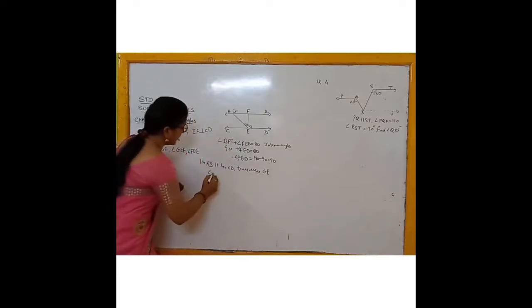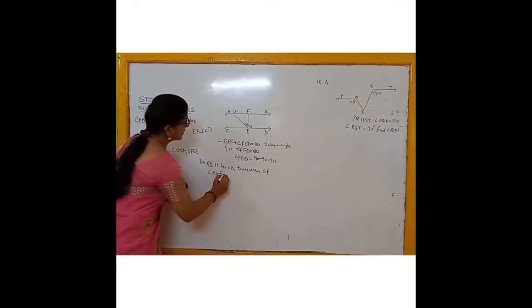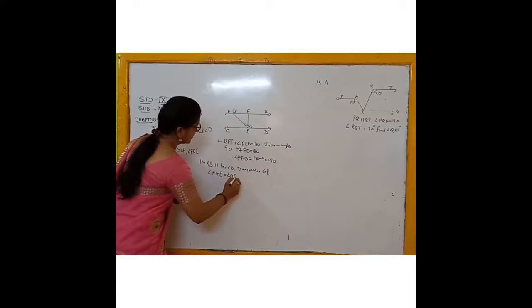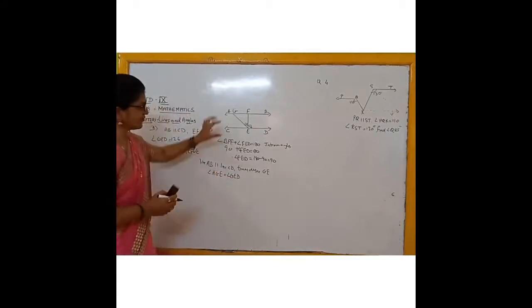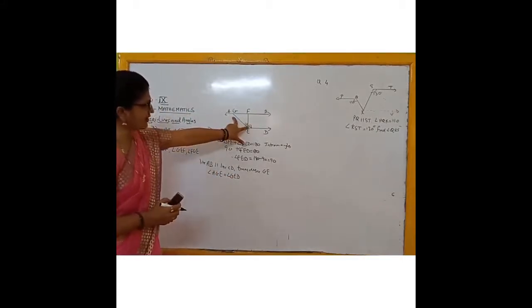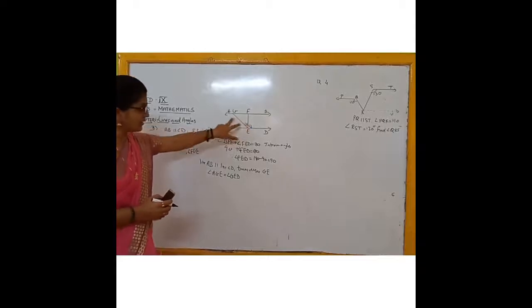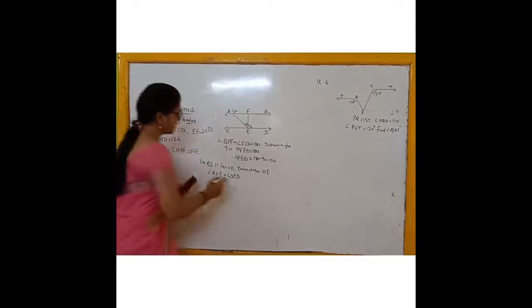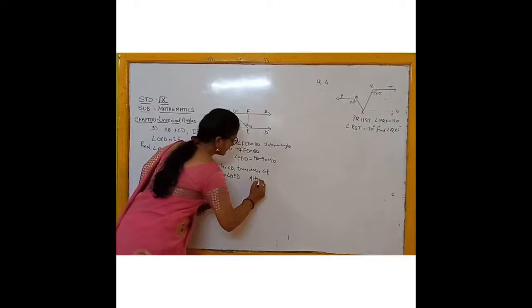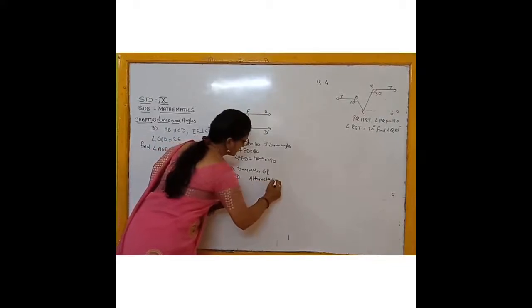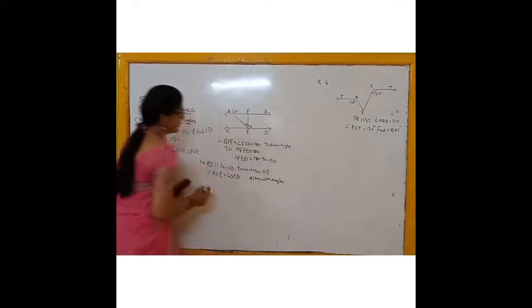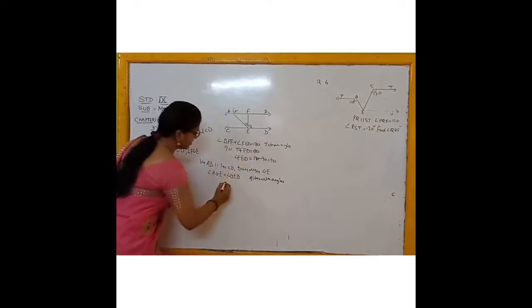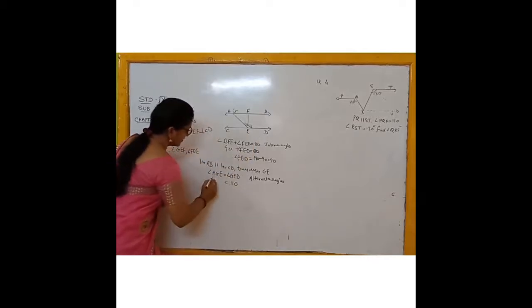So angle AGE is equal to angle GED. These two angles are congruent. Why are these two angles congruent? Because they are the alternate angles. Therefore, angle GED is given, which is 126. So angle AGE is equal to 126.